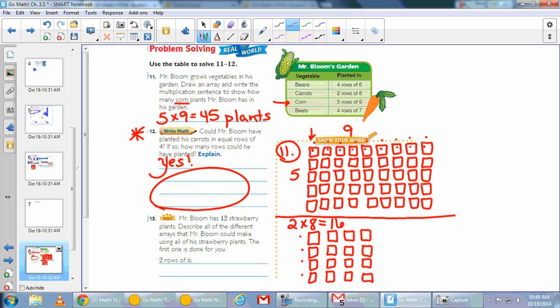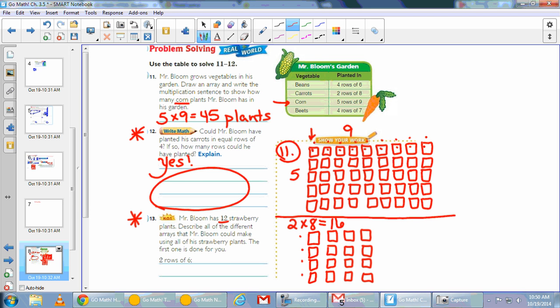So you're doing the same thing you did on page 116 when you did C and D. You're going to take your 12 tiles and figure out how many different ways you could make that. And I'm also going to conference with you about this one today. So go ahead and find 12 tiles, figure out all the different ways that you can arrange them to equal 12 so that they are in equal groups.